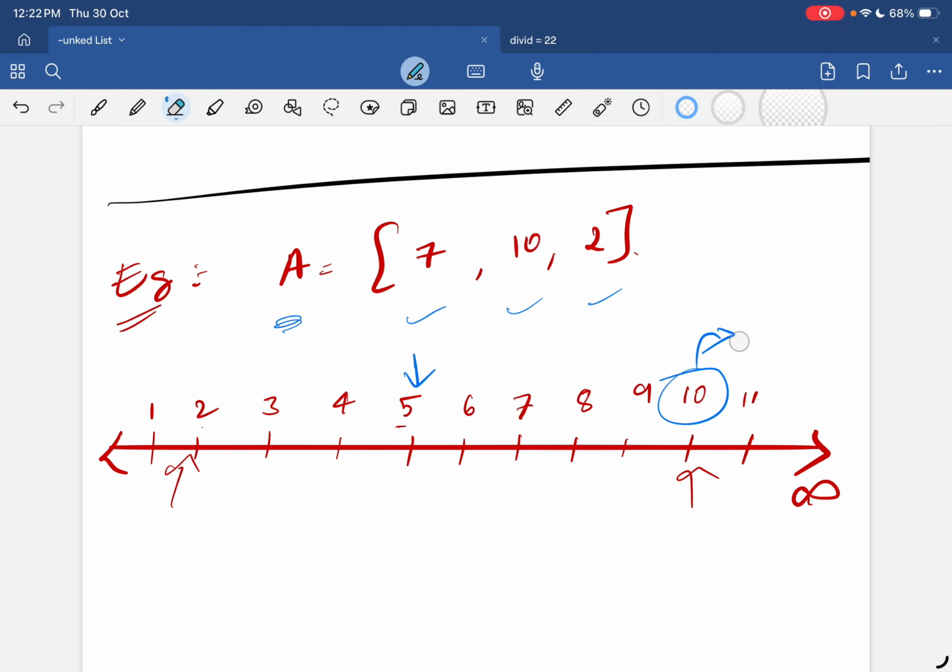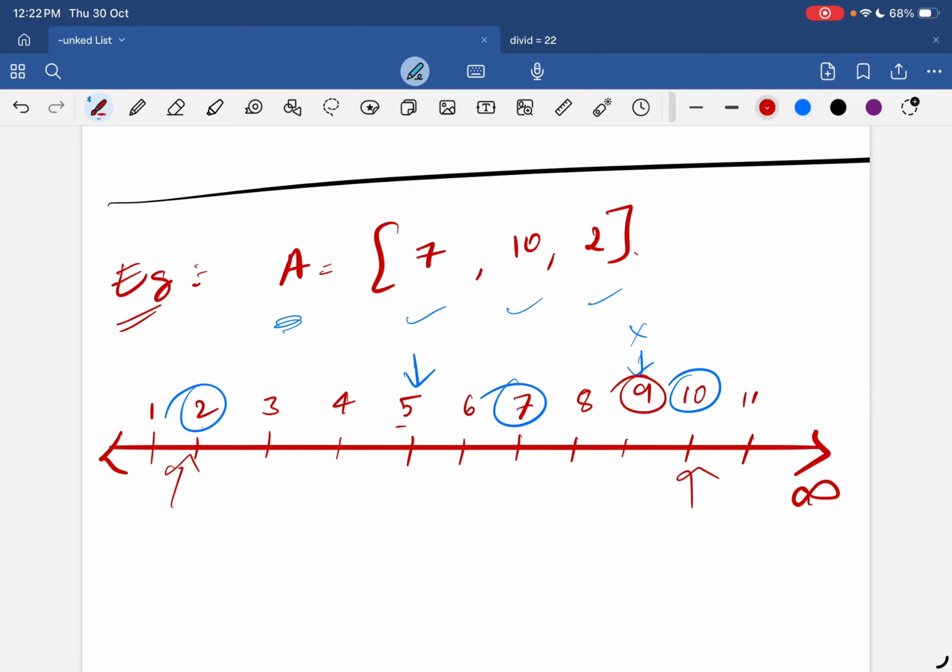And in the same way we'll start going right. From 7 we'll go right. The value 8 is closer to 7, but it is far from 10. So 8 can also be considered into the value. Again we'll go right. Let's say x value is here. The value x is closer to the next value but not 7.